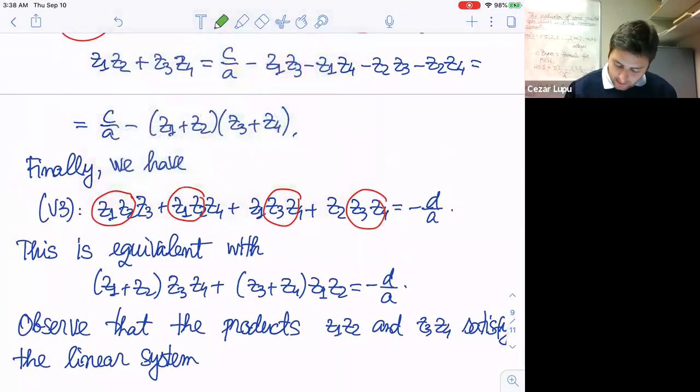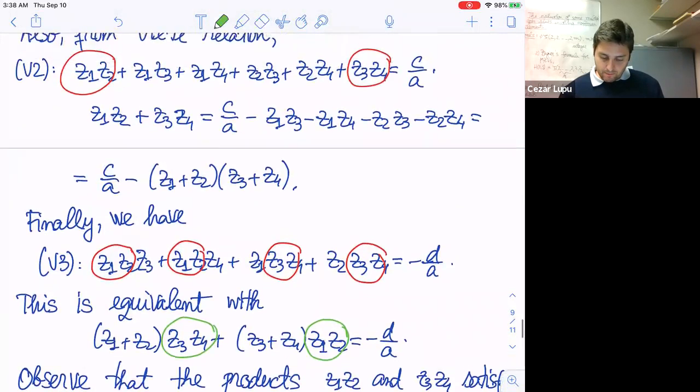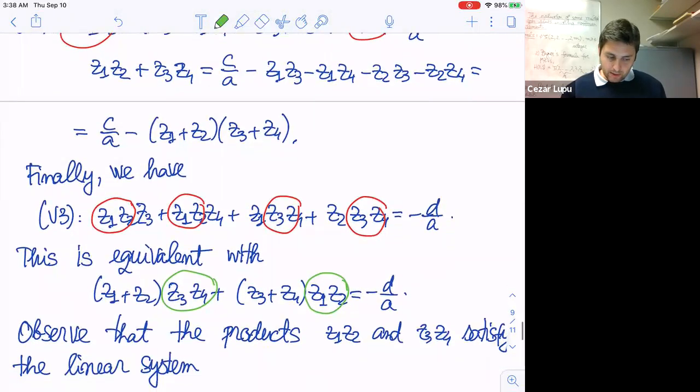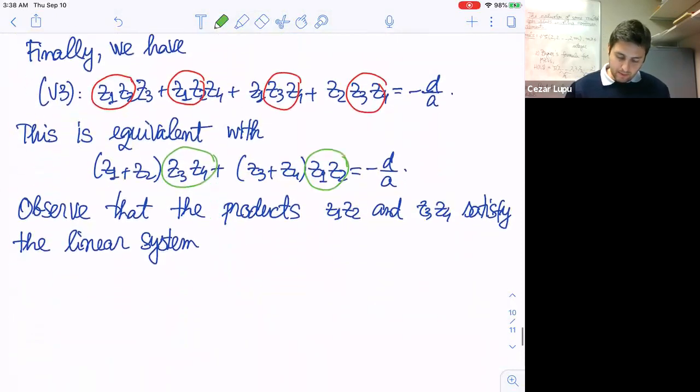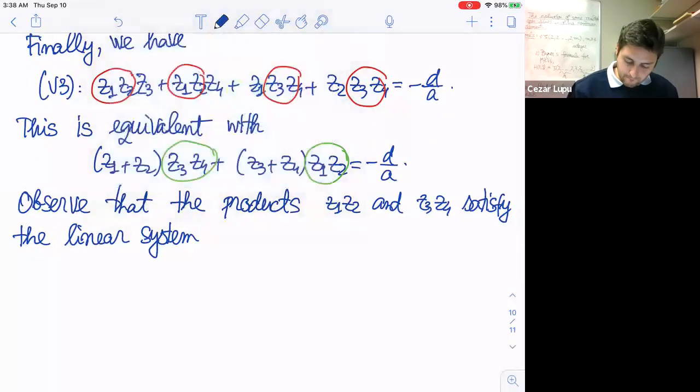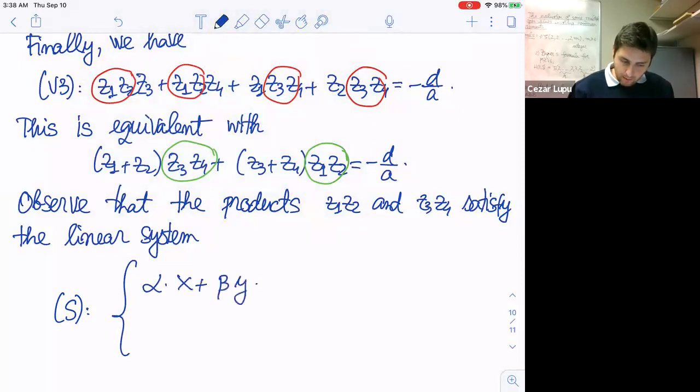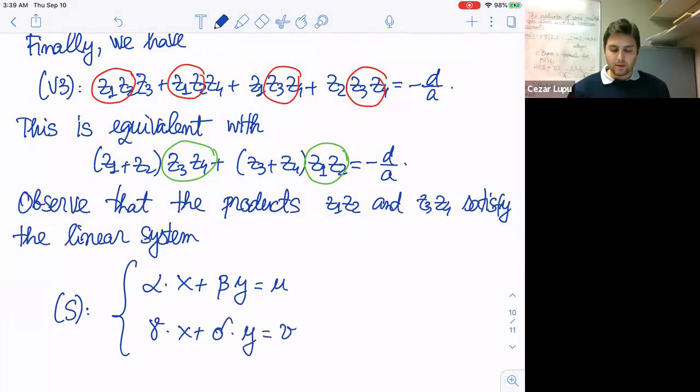Let's look at this guy and this guy. They satisfy the following system. Let's call this S. Let's say alpha X plus beta Y equals U, and gamma X plus delta Y equals V. So we have this system, they satisfy this system.